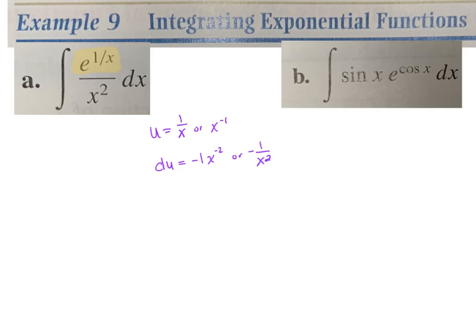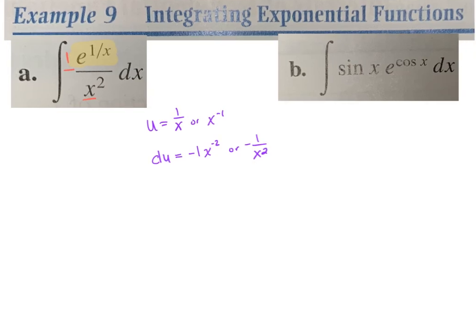I technically have a positive 1 over x squared, right? So my answer is just going to have to get rid of this negative 1, which means I would be multiplying my answer by a negative 1. So it's just going to be negative 1 times my function that I was talking about, e to the 1 over x. So negative e to the 1 over x plus c. That would be my antiderivative here.